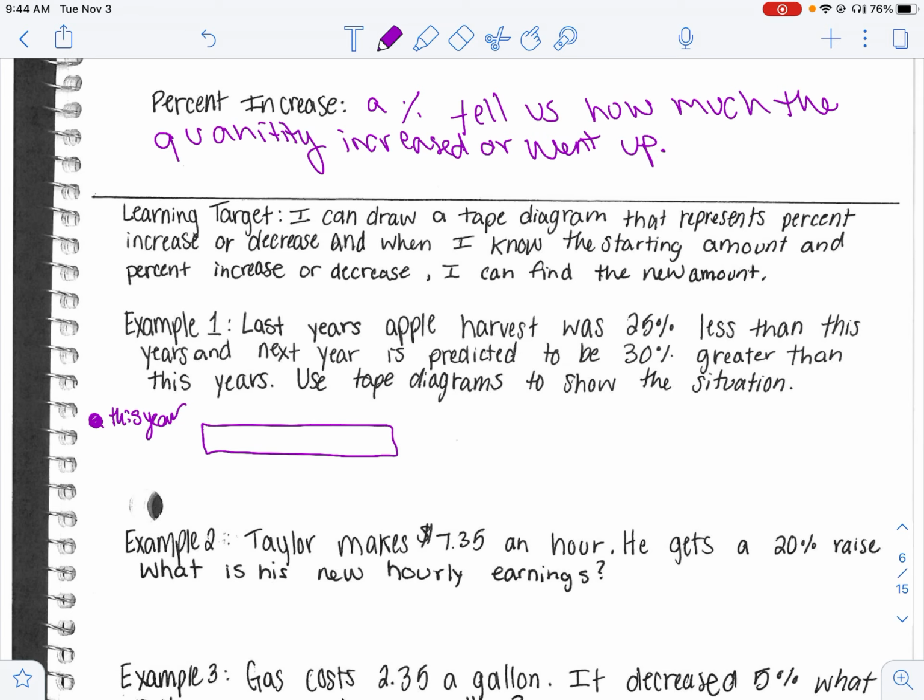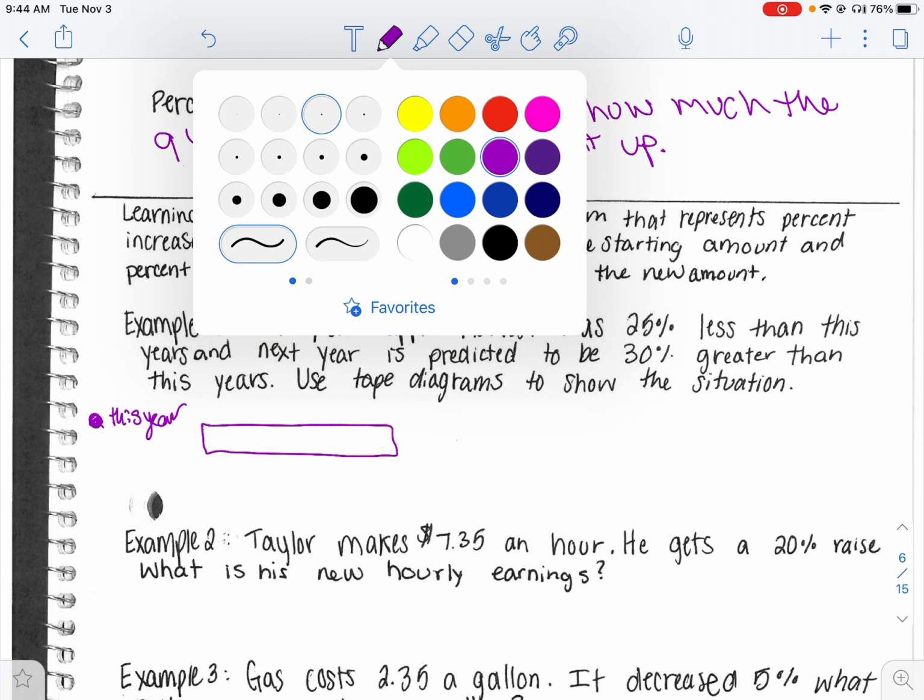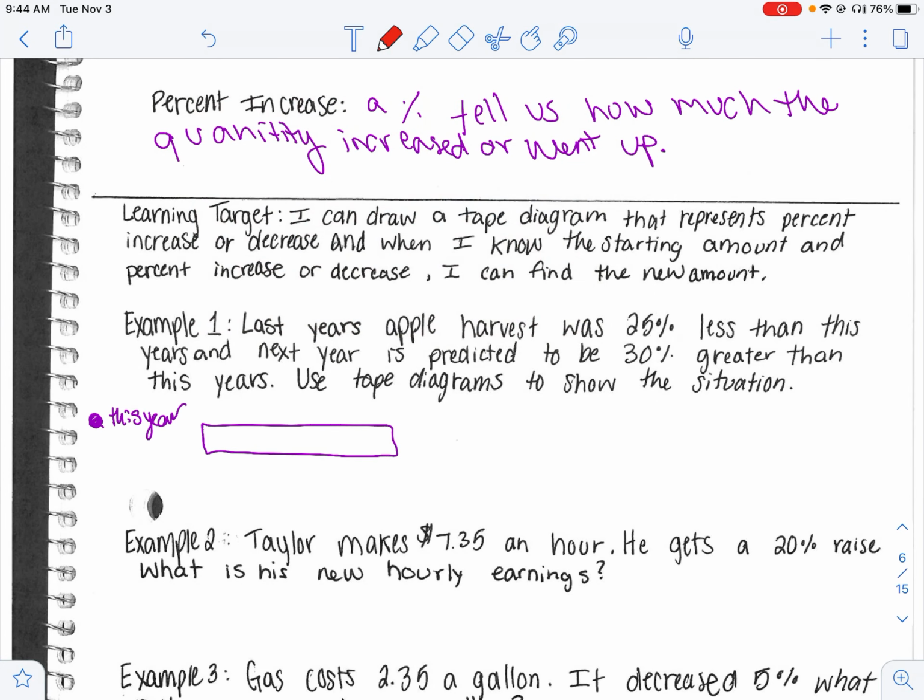And then it says that last year's apple harvest was 25% less. So that means that I'm going to break this down and say that this is 25%. The red is last year.